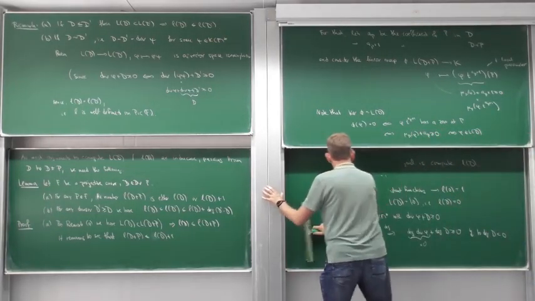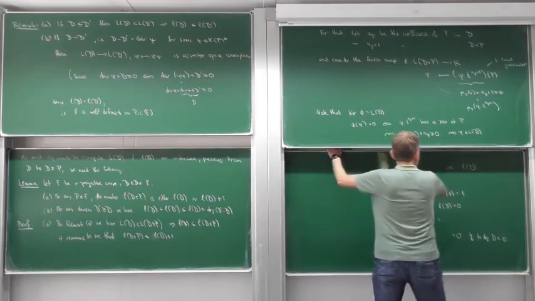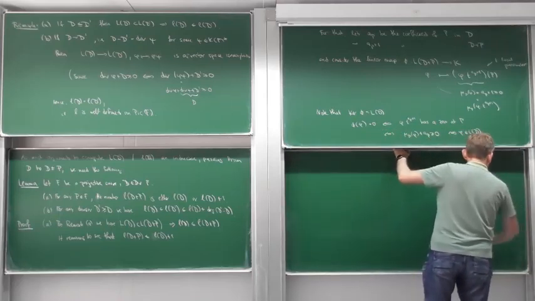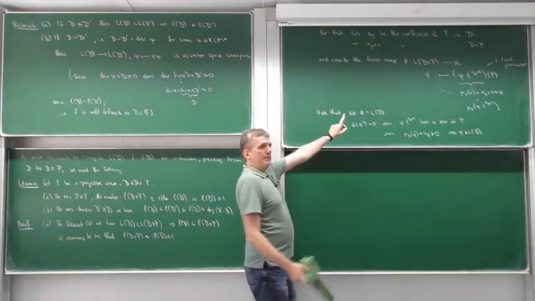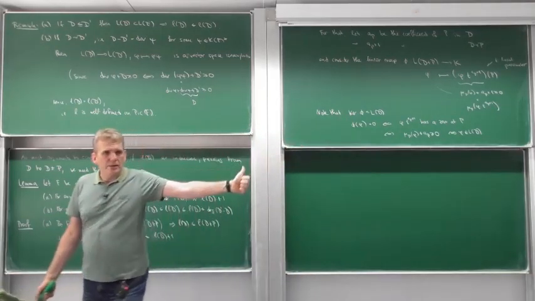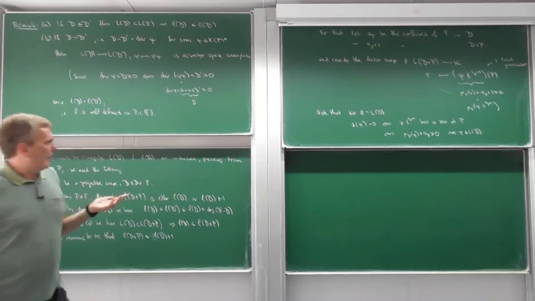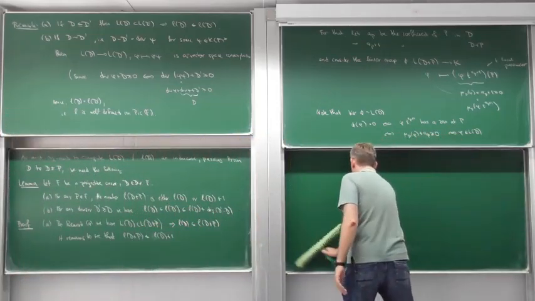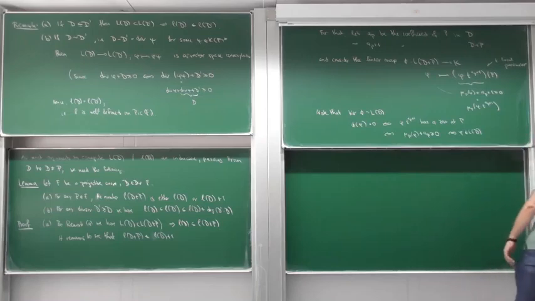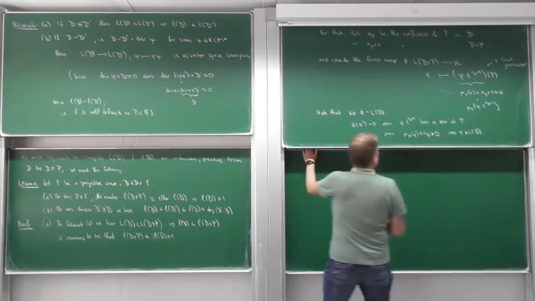And by the homomorphism theorem, that means that the quotient of L of D plus P modulo L of D is isomorphic to the image, but the image is a subspace of K, so it has dimension 0 or 1. And that's exactly the statement here.